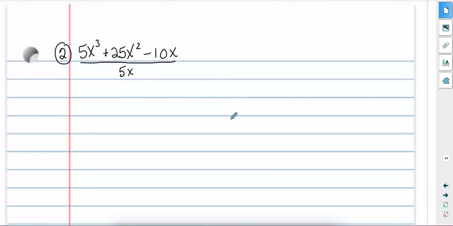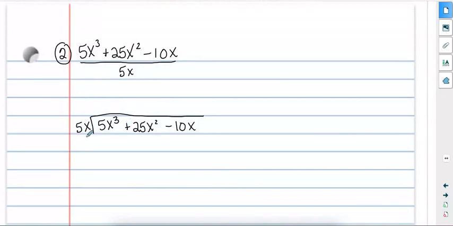So we're going to set this up as long division. So inside we're going to put the numerator, 5x to the third power plus 25x squared minus 10x, and then divided by 5x. Okay. So the same steps apply here.